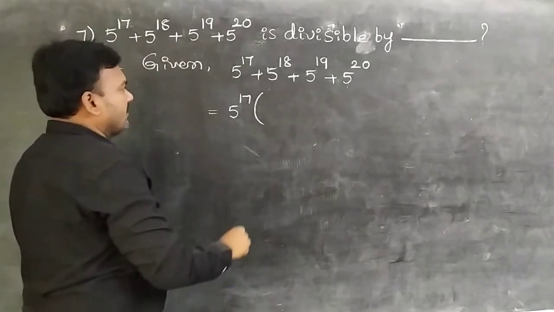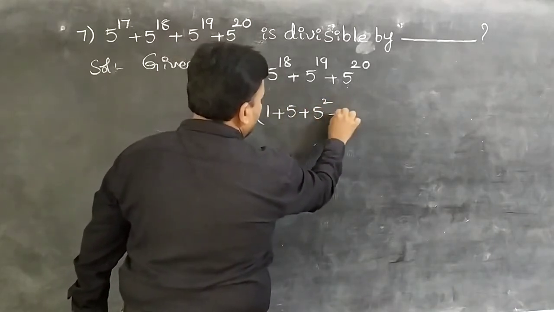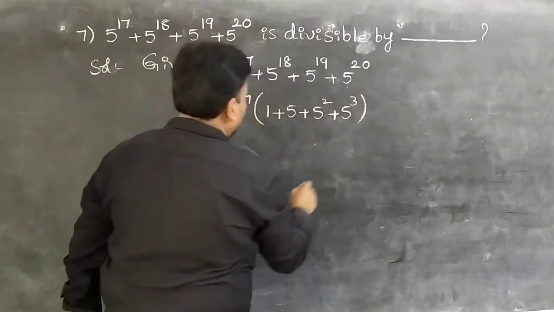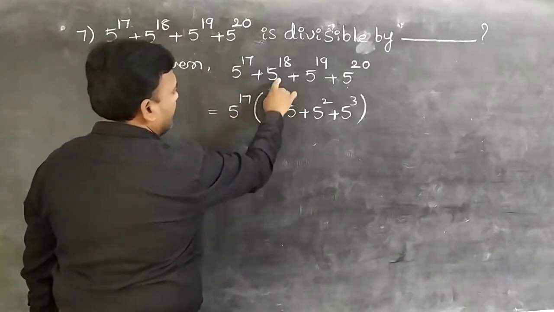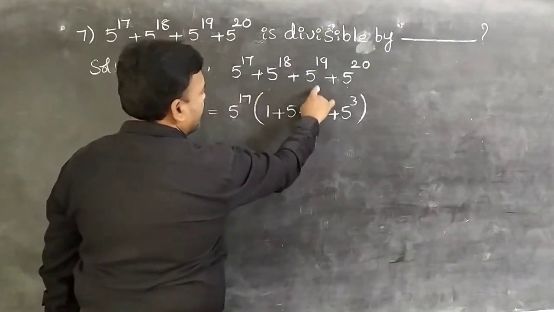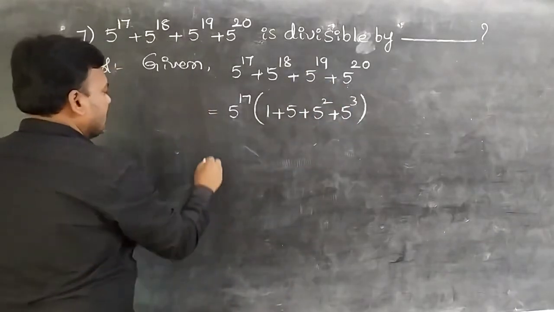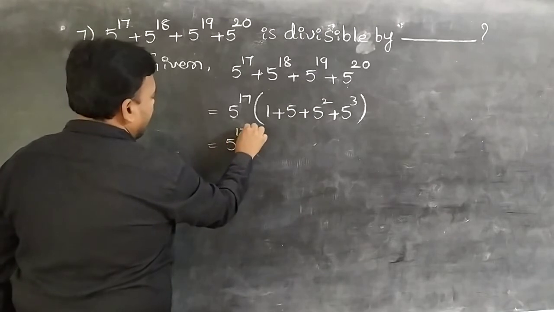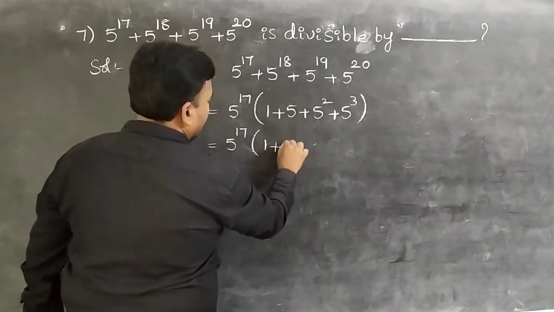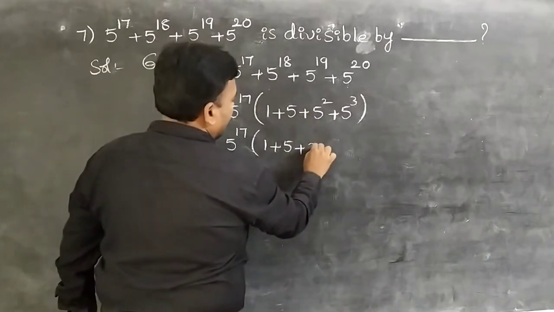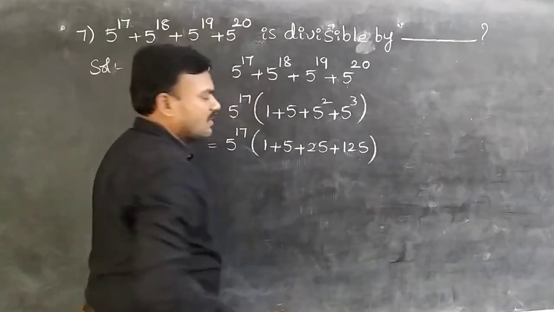So 5^17 of (1 + 5 + 5^2 + 5^3). Is it or not? 5^17 into 1 is 5^17, 5^17 plus 5 gives 5^18, 5^17 plus 5^2 gives 5^19, and then the last term follows. So 5^17 of (1 + 5 + 25 + 125).